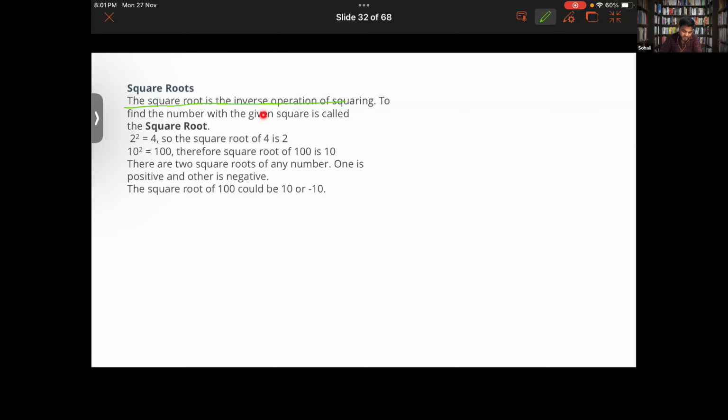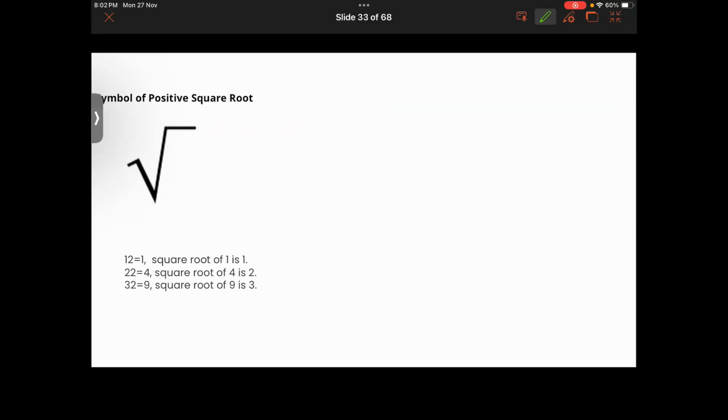So finding the number with the given square is called the square root. For example, 2 square equals 4. So the square root of 4 is 2. Similarly, 10 square is 100, and then the inverse operation leads you back to 10. Getting it now? So that in general is the square root, and there's a symbol for square root. This is the square root symbol, for positive square roots. Yes, sir. Right.